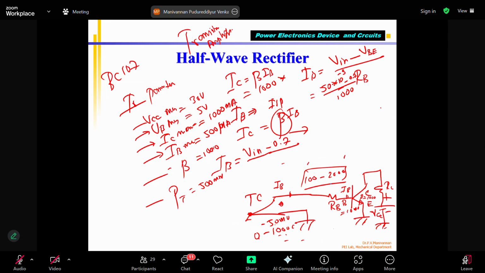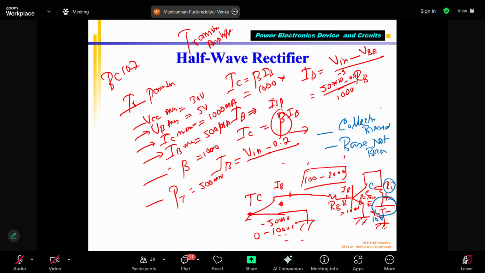Because we call this collector bias, base not bias. Why? Please see that I am giving VCC, say for example 10 volts. Collector is supplied a plus voltage through the load resistor. This is my collector.